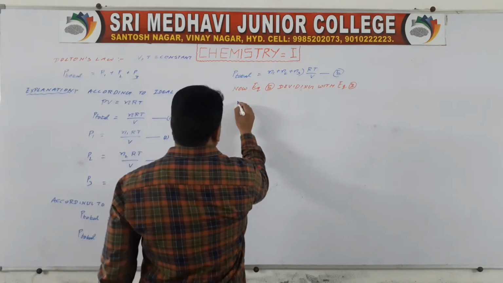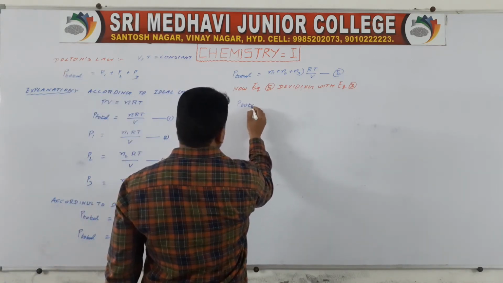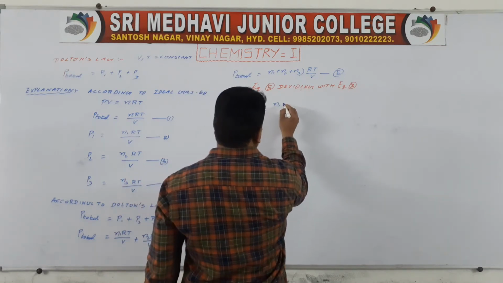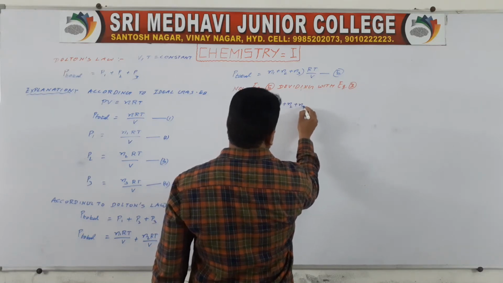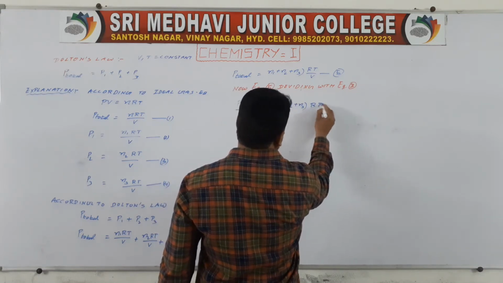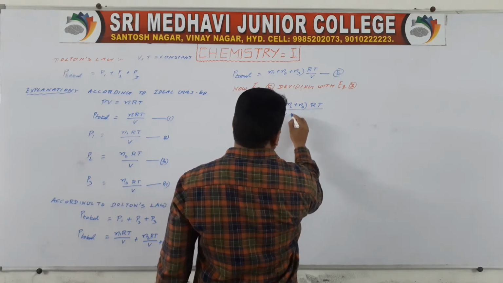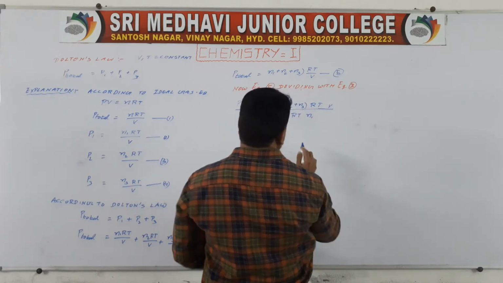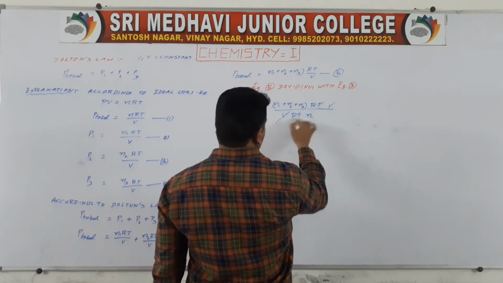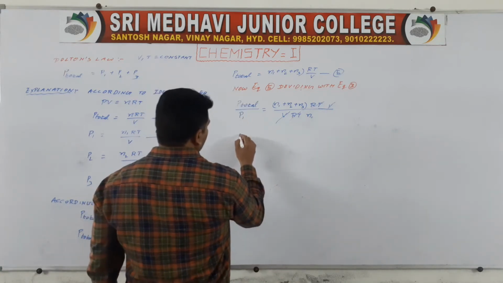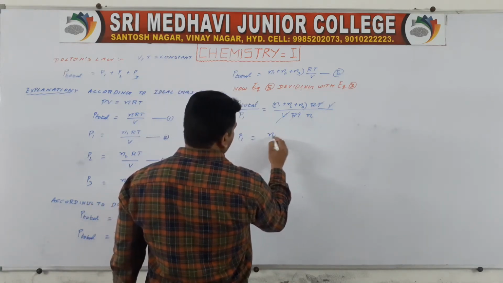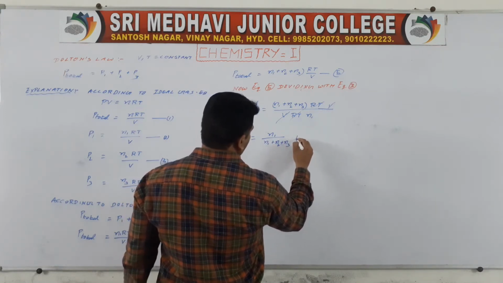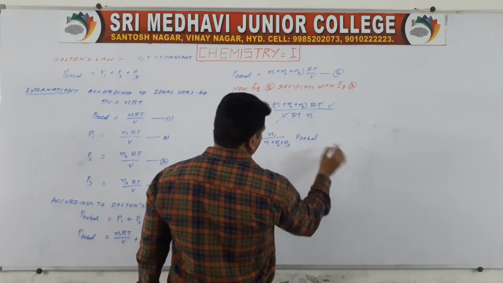Then what happened? P total by P1 equals (N1 plus N2 plus N3) RT by V, divided by N1 RT by V. So V cancels, RT cancels. Then P1 equals N1 by (N1 plus N2 plus N3) into P total.